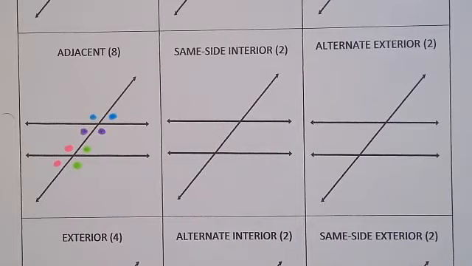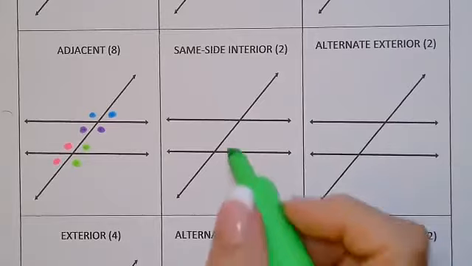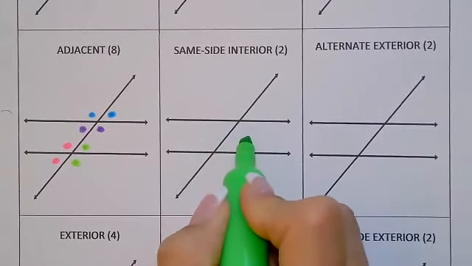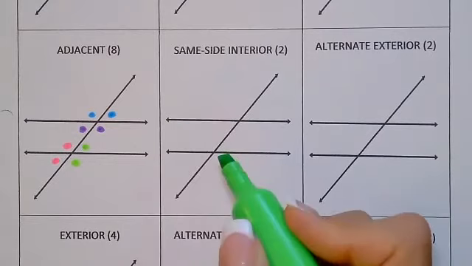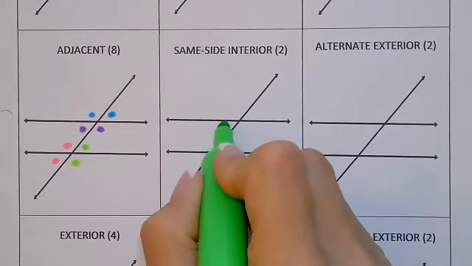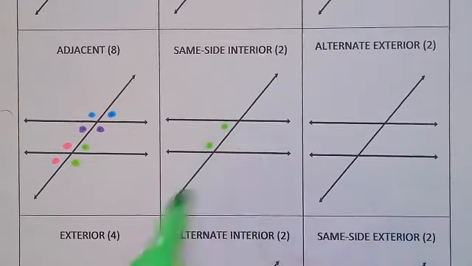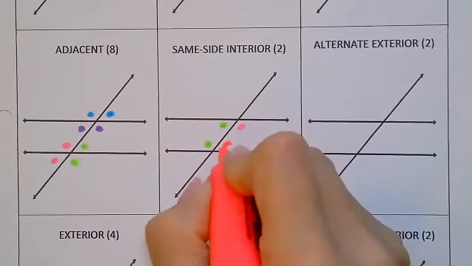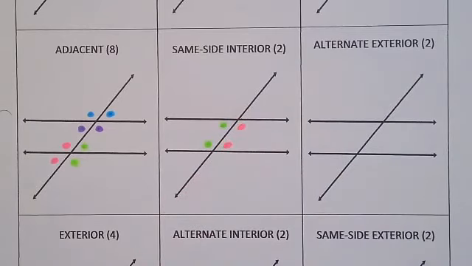Okay, so same side interior. So here, interior is in between the lines, same side means here and here, or here and here. Okay, alternate exterior.